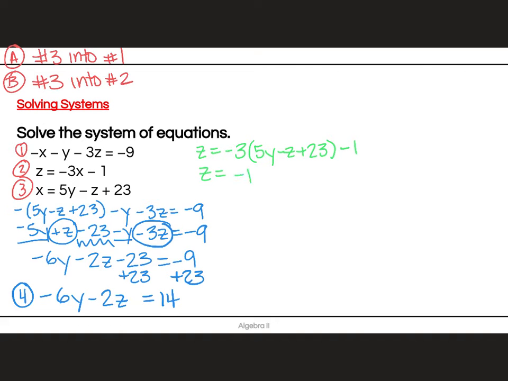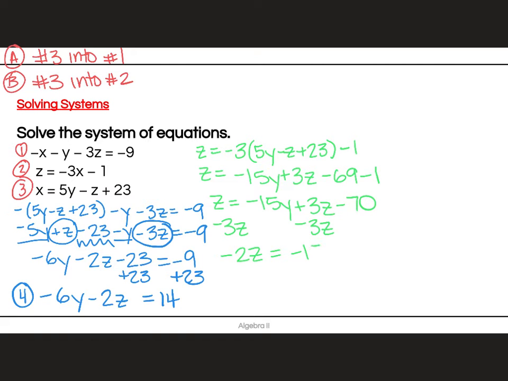So z equals negative 15y plus 3z minus 69 minus 1. So z is equal to negative 15y plus 3z minus 70. And then I'm going to subtract 3z from both sides. So negative 2z is equal to negative 15y minus 70. And this is number 5.